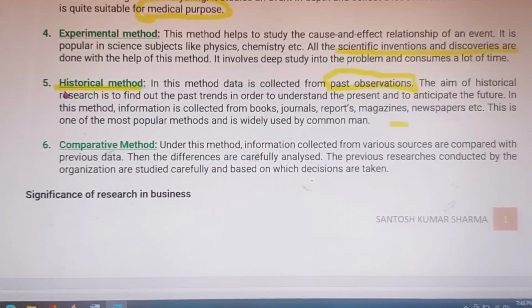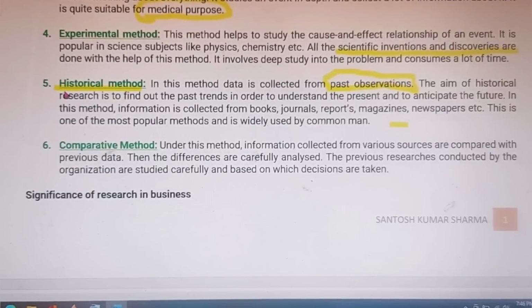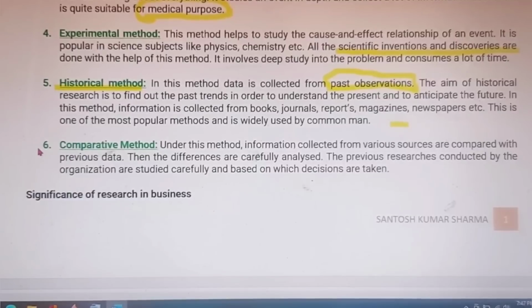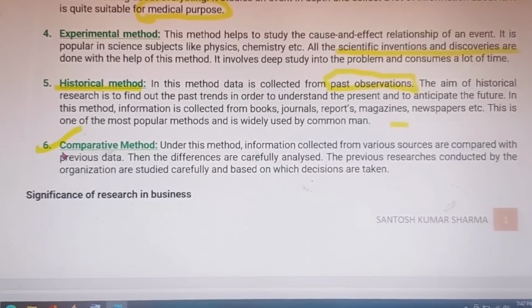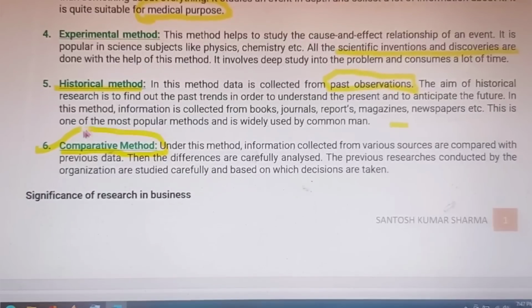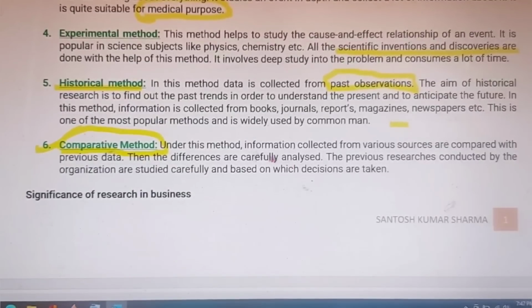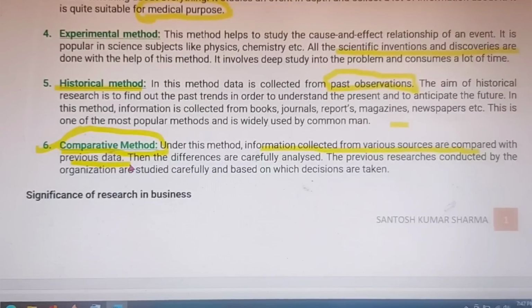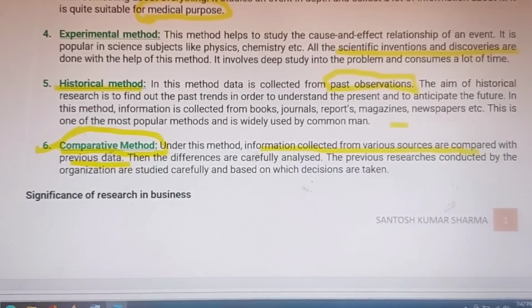That is why the name is historical method. And the last method is comparative method. Again, go with the name, comparative. Here, information is gathered from sources and compared with the previous data. Basically, we do this in statistics, right? So here a comparison is made between the current information and the previous information.